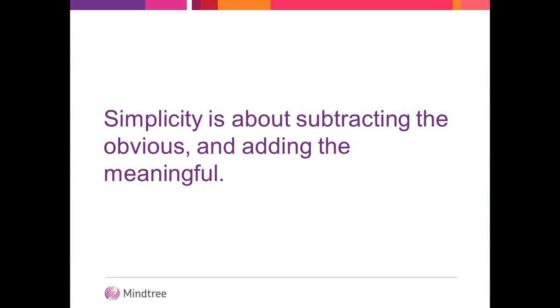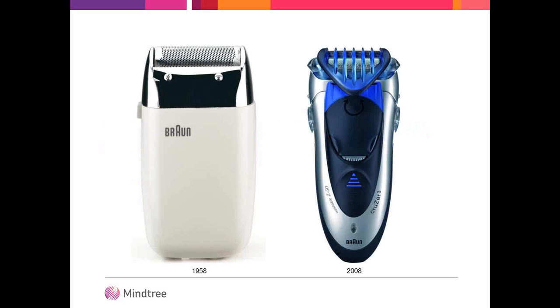Now, I think simplicity for any industrial designer today is really about subtracting the obvious and adding the meaningful. Look at these two designs, both of which come from the same company. The one on the left-hand side is a Braun shaver, which was designed by Dieter Rams in 1958.